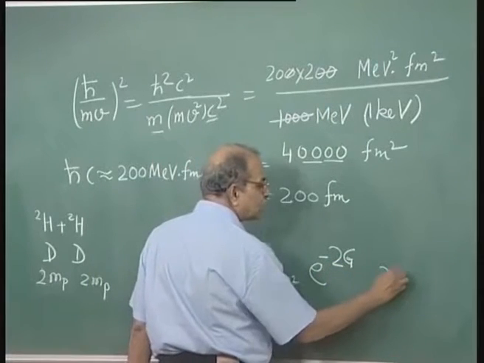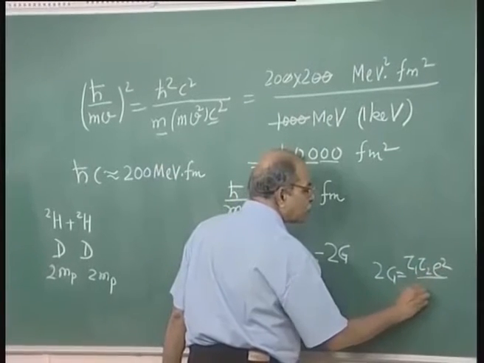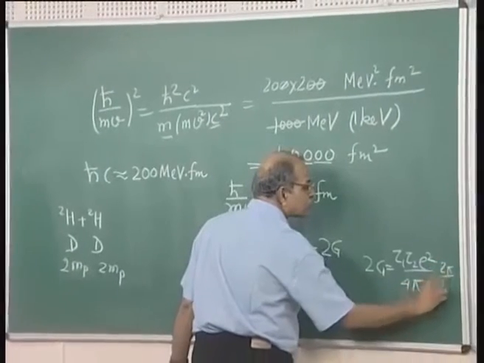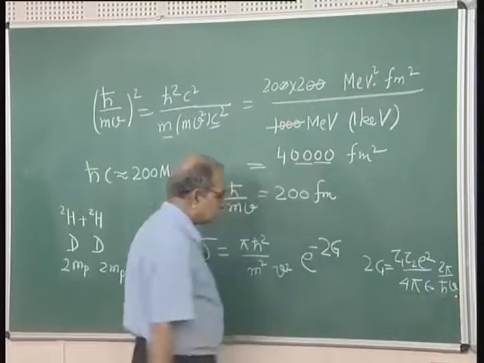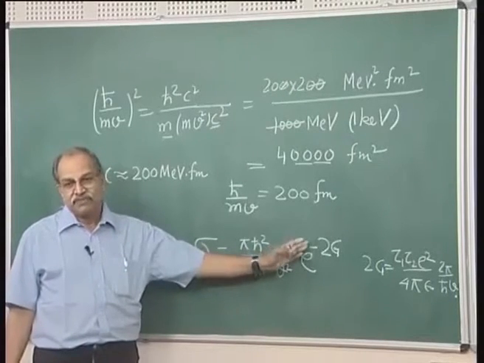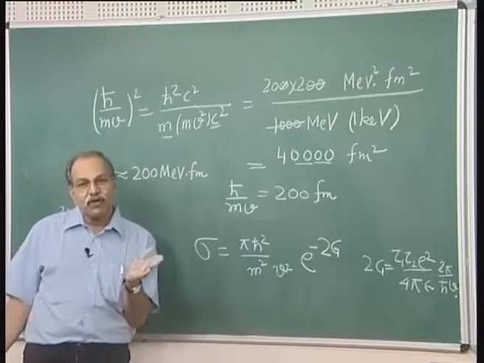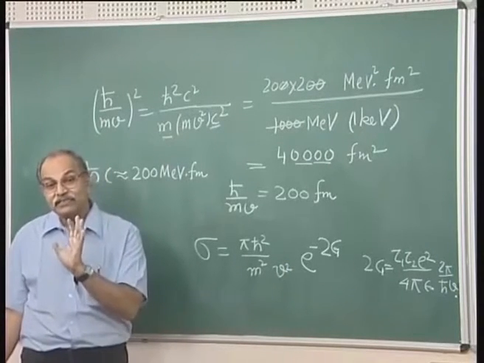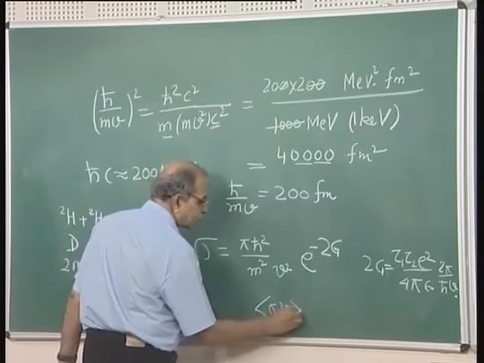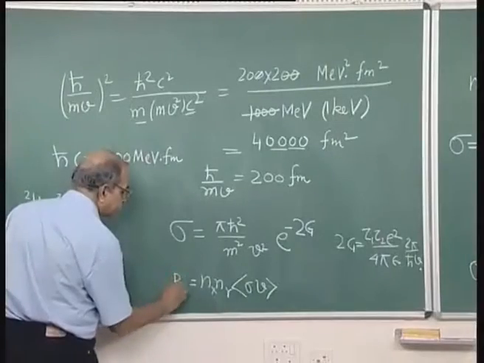Remember, 2g is z1 z2 e square by 4 pi epsilon naught, and then 2 pi over h cross v. So, that is how sigma depends on velocity, and therefore, when we average this expression for reaction rate, sigma also goes inside that angular bracket, sigma v, n x n y, that is reaction rate.